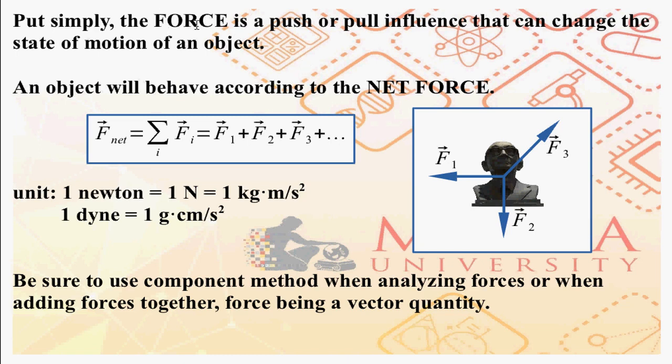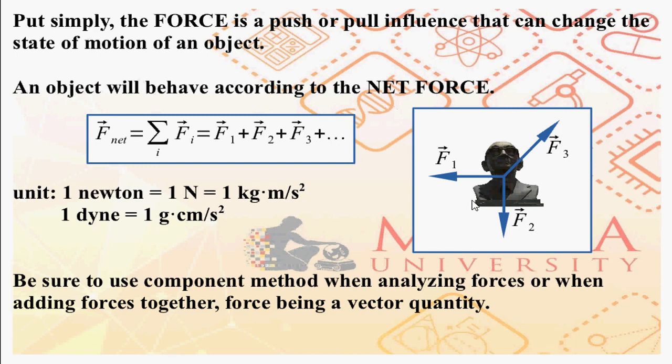And as such, when you do force analysis, you have to use your vector analysis because force is a vector quantity. For instance, when you add forces together, you have to use your component method to get the sum of the forces, or what is called the net force.